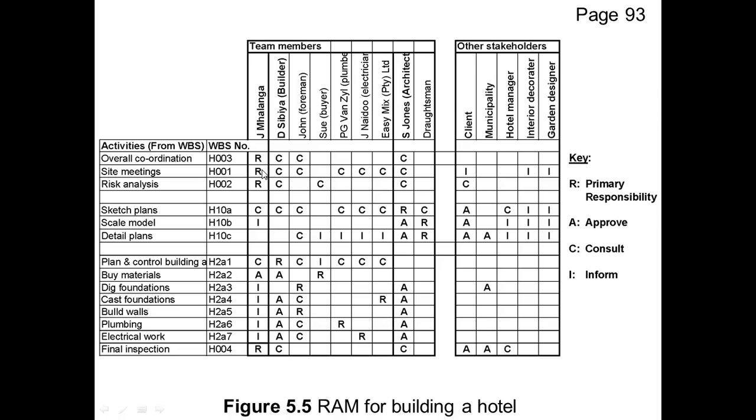But he can't do that by himself, so he has to consult with the builder, with the foreman, with the plumber, the electrician, the people that are supplying the cement, and the architect. And those people have to be at the site meetings depending on where we are in the project. So you can see that they are all consulted on the site meetings.